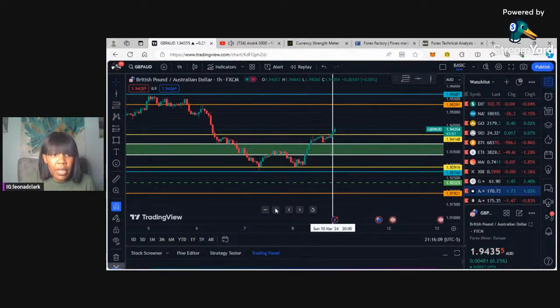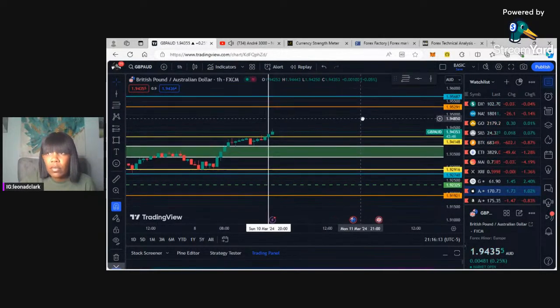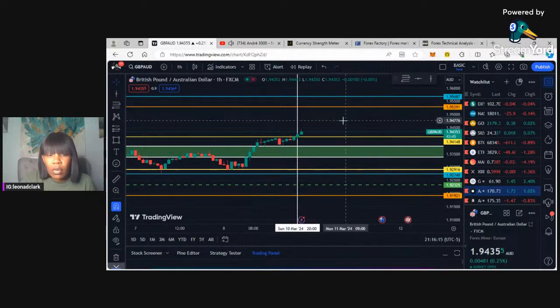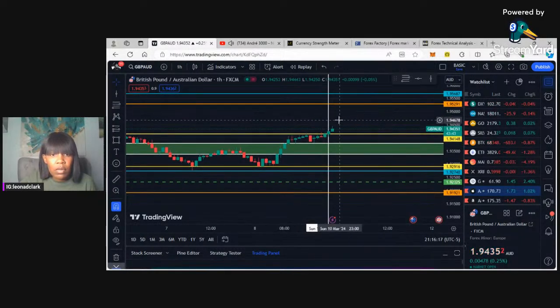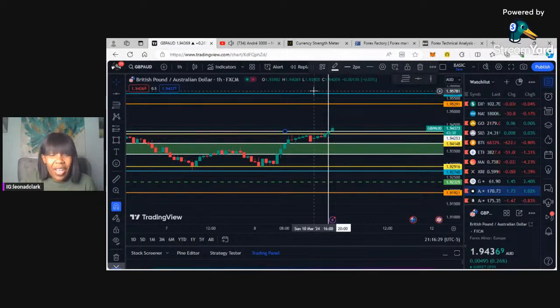Let me make this a bit bigger, y'all, so y'all can see. So this one actually is already confirmed. I forgot I had the dotted lines. Okay, so this one is already confirmed above this high.